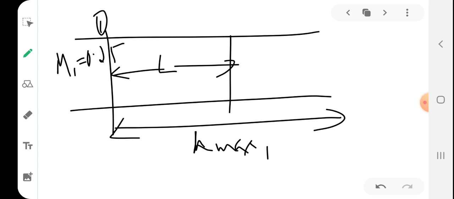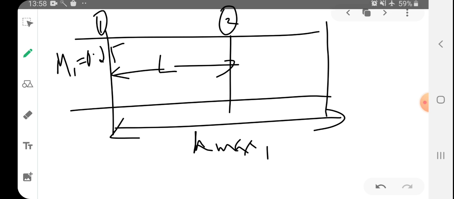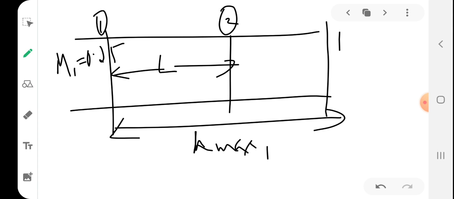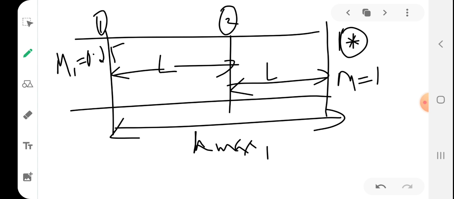How to calculate Lmax 1? Lmax 1 corresponds to the starred section, that is M equal to 1 here. Corresponding to the second section you can also calculate Lmax 2. L is given, so you can calculate Lmax 1. How?